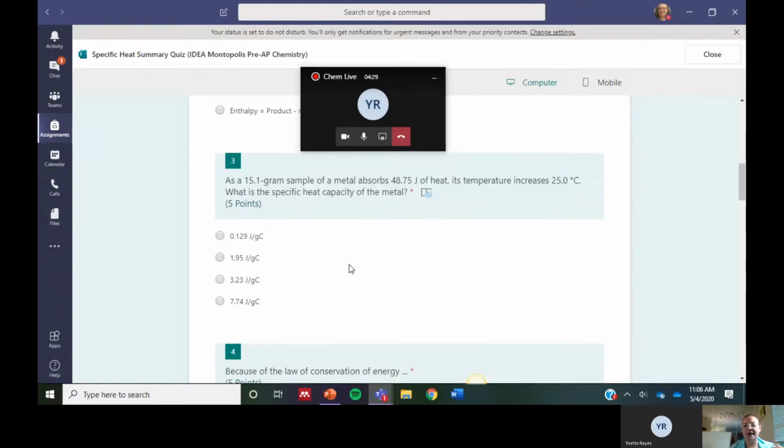On this one, we have a 15-gram sample, and it's absorbing this amount of heat, and its temperature increases to 25 degrees Celsius, and we want to know the specific heat capacity.